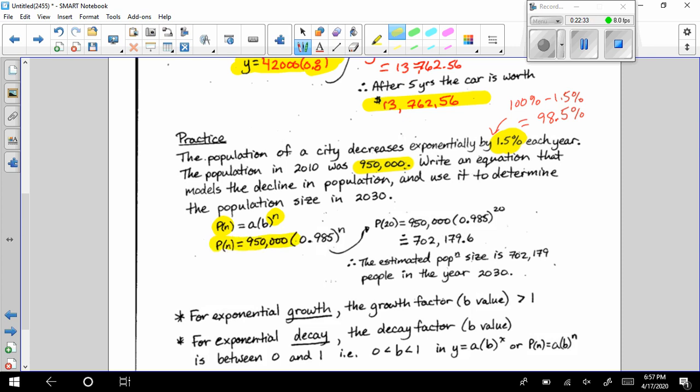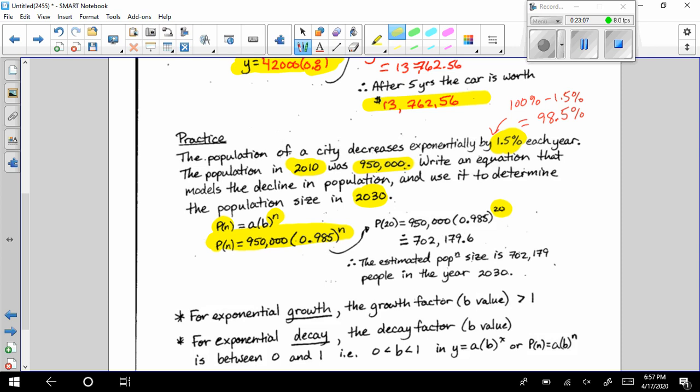The more specific equation based on this context involves a starting value of 950,000 people, my base number, remember 98.5% as a decimal is 0.985, and I've got that raised to the exponent n, which becomes a 20. The 950,000 people, that was in the year 2010. We're being asked to figure out what the value is 20 years later than that.